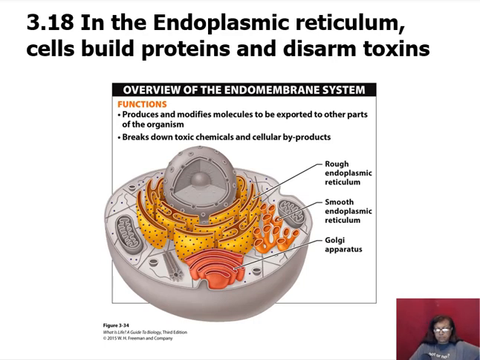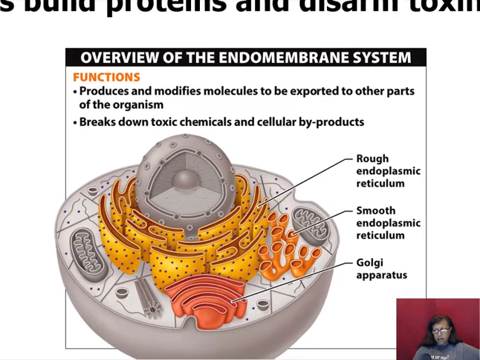All right. The endoplasmic reticulum. There are two of them, right? There's the rough endoplasmic reticulum and there's the smooth endoplasmic reticulum. And so here we can see, I'm going to zoom in so you can get a closer look at the rough endoplasmic reticulum. We can see that we've got the ribosomes, which is where we make our proteins, studded on the rough endoplasmic reticulum, right?